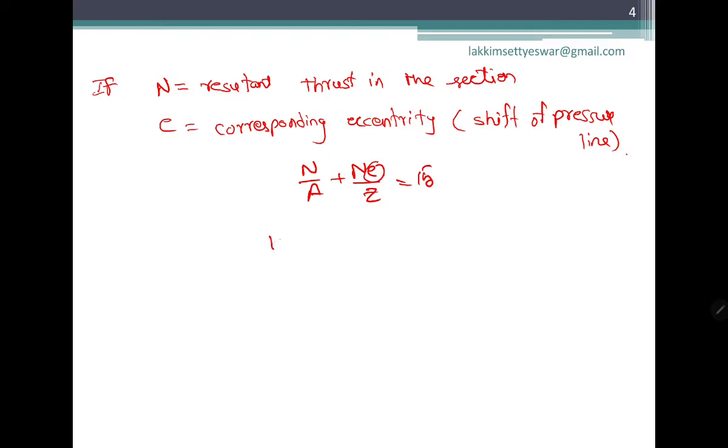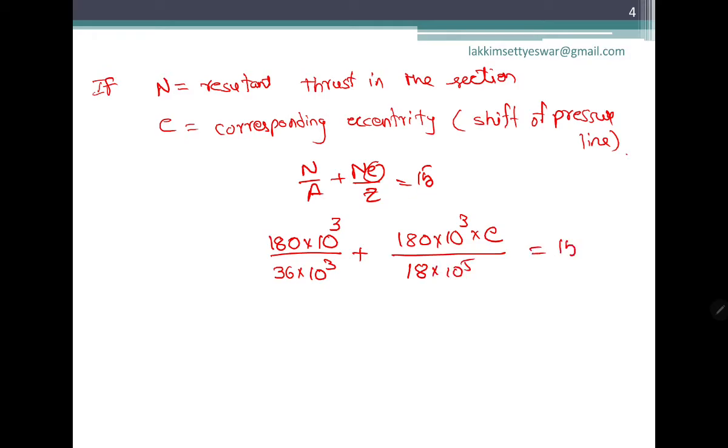In N place we are taking the pre-stressing force divided by the rectangular area, plus 180 into 10 cube into e divided by Z, the section modulus, that is equal to 15. After solving this equation we got e is equal to 100 mm.